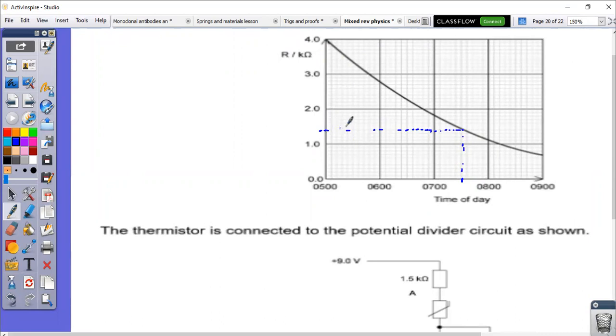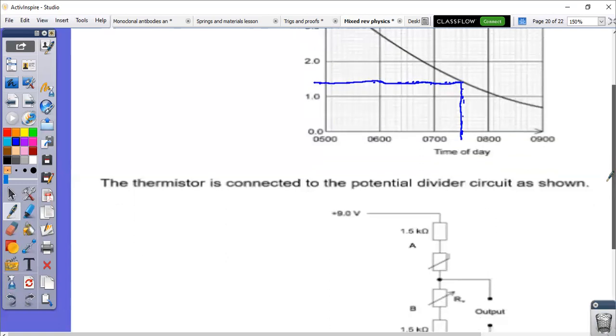Round about there anyway, give or take. Yeah, so that's 1.4. Please note, what does that say? Kilo ohms. Correct.